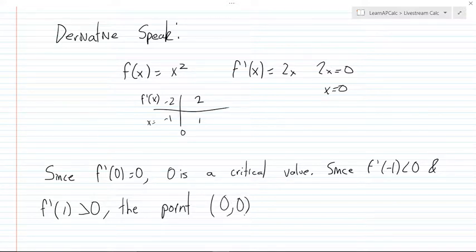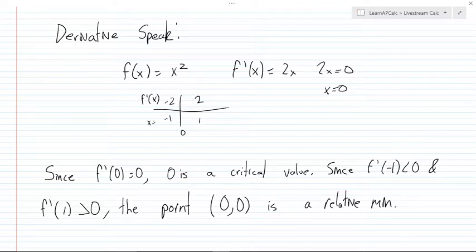Here it's just 0, 0, plug in 0 for x to get f of x. Point 0, 0 is a relative min. So we're saying our derivative is 0, so it's a critical value. And since to the left we're decreasing, and to the right we're increasing, this point is a relative min.